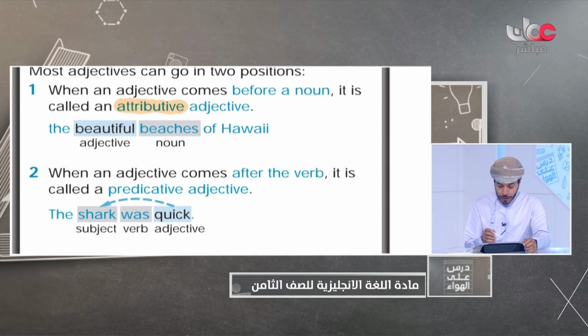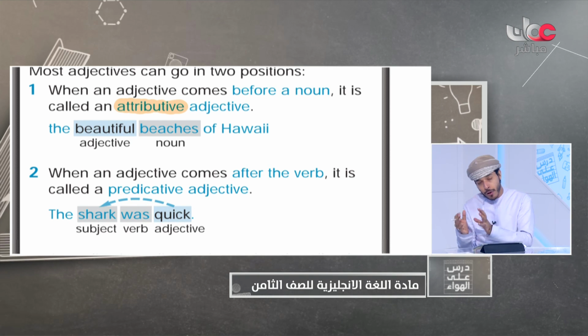For example, the shark was quick, كان سريع. This one, quick, still describes the noun. They come after the verb, يأتين بعد الفعل, but they don't describe the verb, لا يصفن الأفعال.